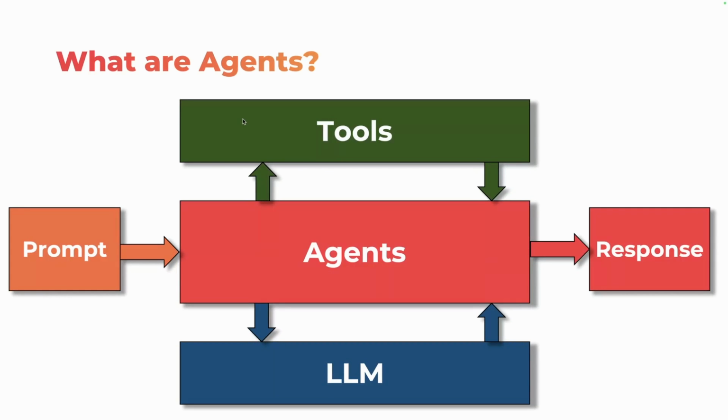All right. So what exactly are agents? If you consider LLMs, they are extremely powerful. They have very good reasoning capabilities. And the best thing is the LLMs can tell you what they need to respond to the query that you sent.